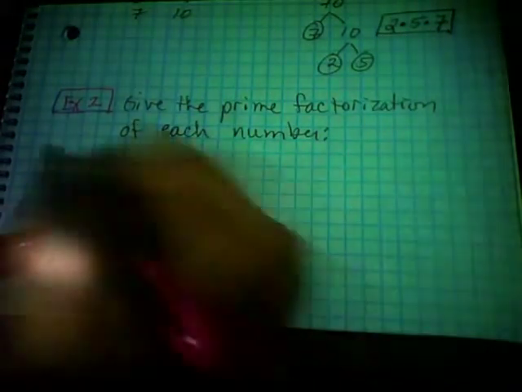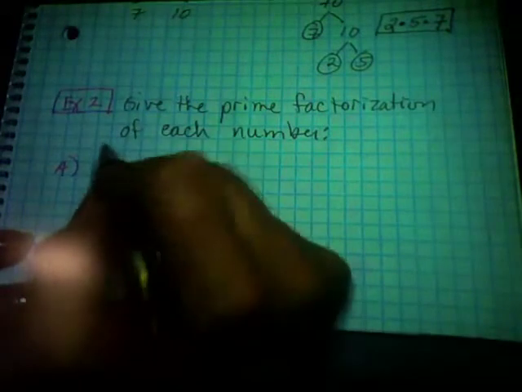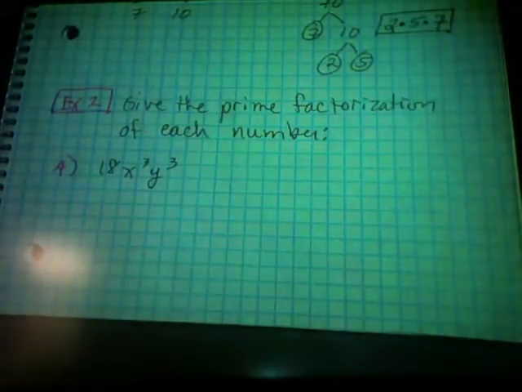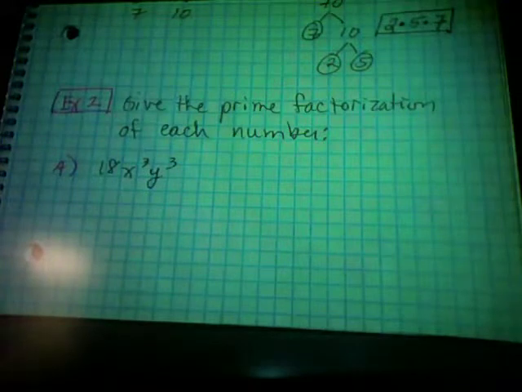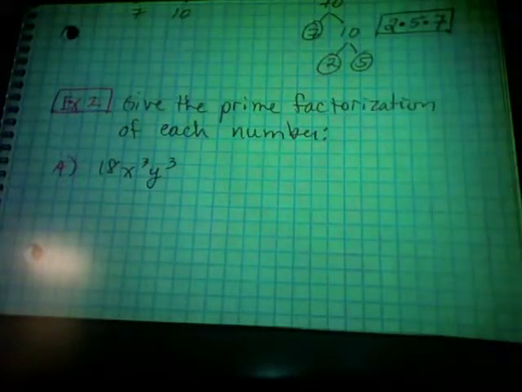So we've got two different numbers that we're going to look at. The first one is 18 x cubed y cubed. So what I want you to focus on is the fact that we're looking at 18. Don't worry about the x cubed and the y cubed. The prime factorization of those is really simple. So go ahead and prime factor 18. Use your factor trees.